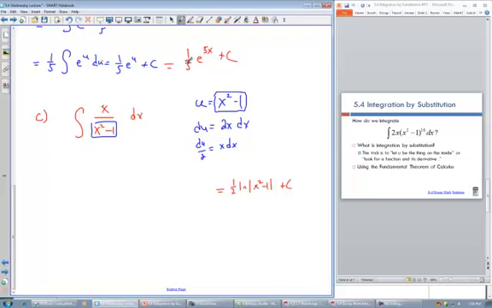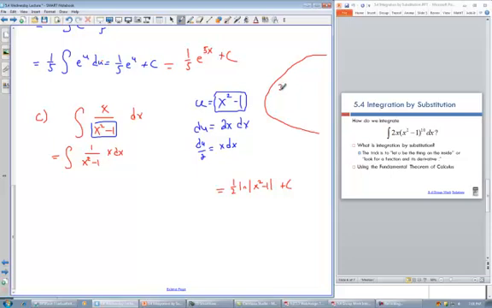So when I come back over here, and before I substitute back in, maybe it'll be easier if I write it like this, as the integral of 1 over x squared minus 1 times x dx. Right? That's the same thing as above. Remember, basic algebra and arithmetic.